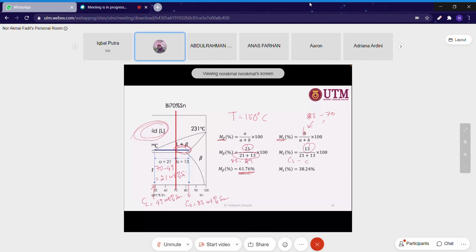So we got the total length, and it is 38.24, or you can calculate it by 100 minus 61.76. Also, we got 38.24. So when we have solid and liquid, how many percent is liquid? How many percent is solid?